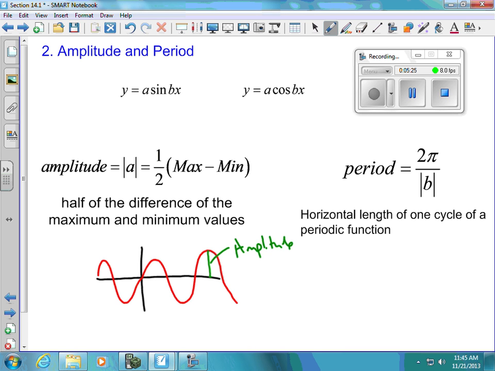The period, well, if we look here, it repeats itself from this point to this point. So this distance would be a period. So it's a horizontal distance. How long does it take before you start repeating outputs?